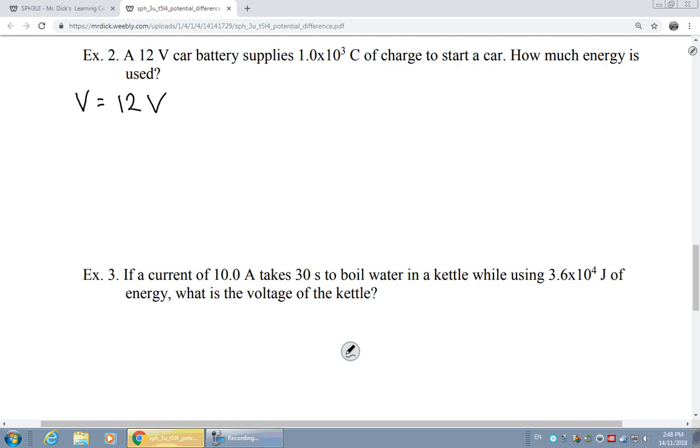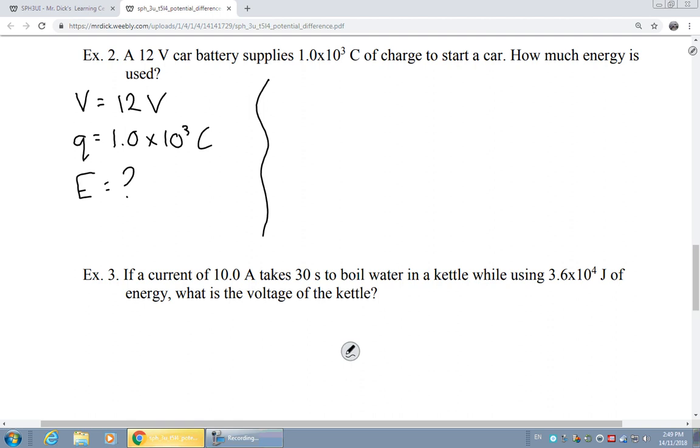Or sorry, 12 joules per coulomb, I should say. And we also know the charge is 1.0 times 10 to the 3 coulombs. It's another way of saying 1,000 coulombs. And we are looking for energy in this case, which should be in joules in our final answer.